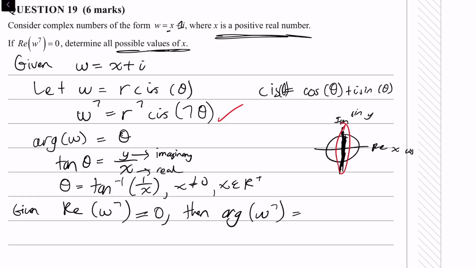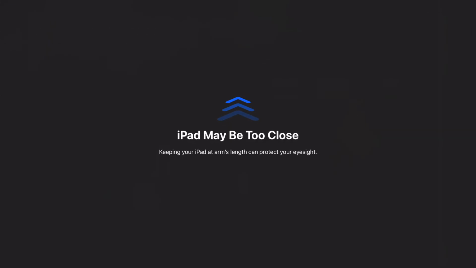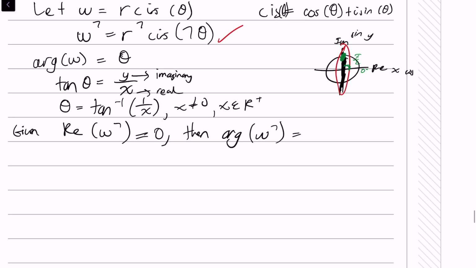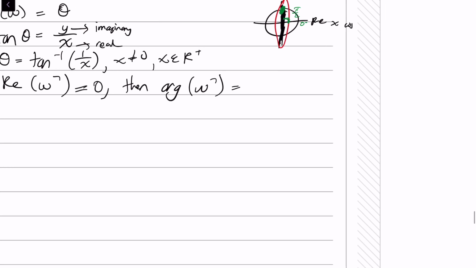And I know that my angles, so if we go a 90-degree angle, or pi over 2, that's the first time from, let's say, the angle of 0 degrees, in an anti-clockwise motion. Pi over 2 is the first time that I reach a real component where it's equal to 0, okay? So my key part is going to be pi over 2.